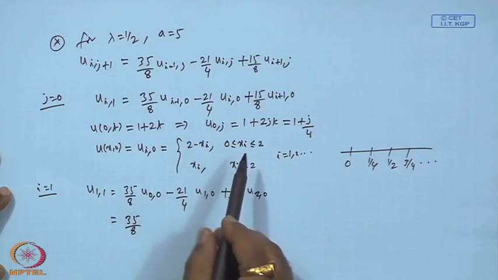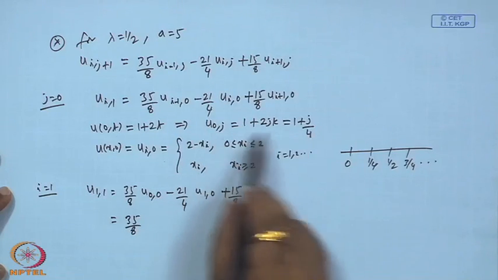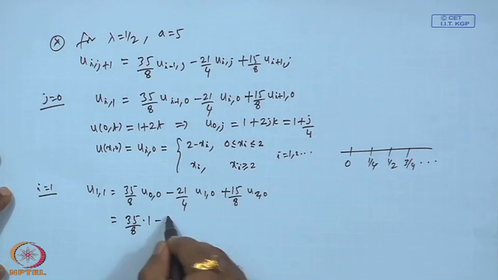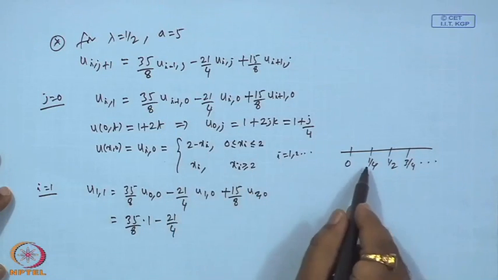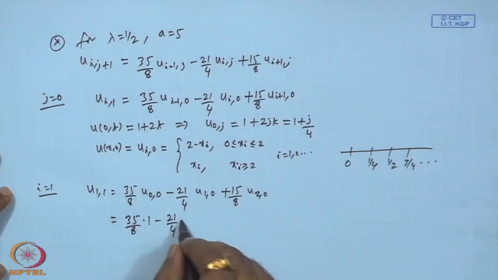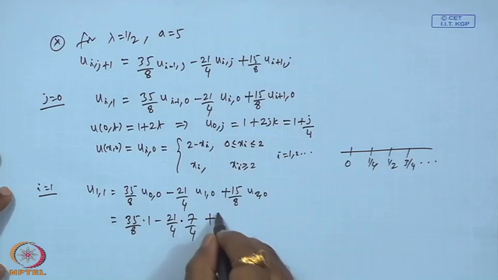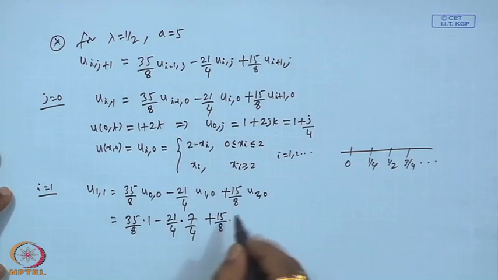So, u 0 0, j is 0. So, this is 1 and u 1 0 from here 2 minus x 1. So, that would be 2 0 is 2 minus x 2.